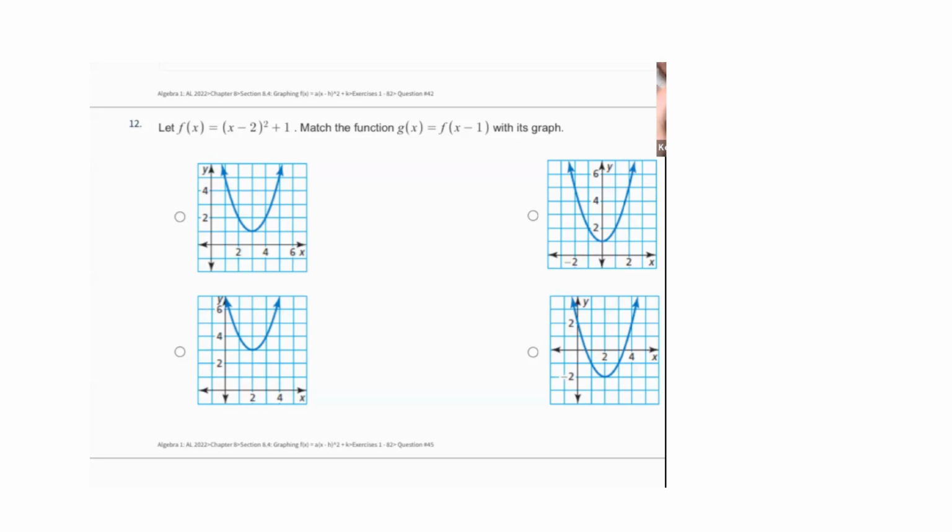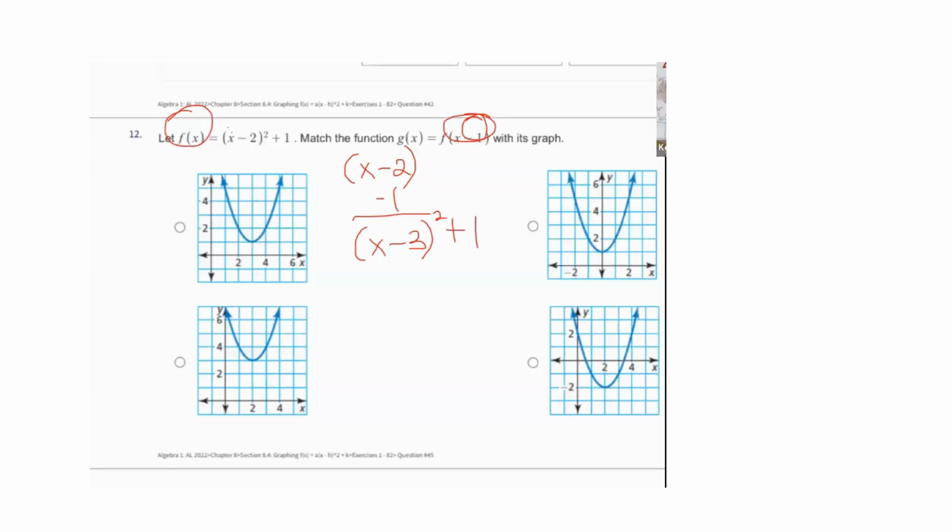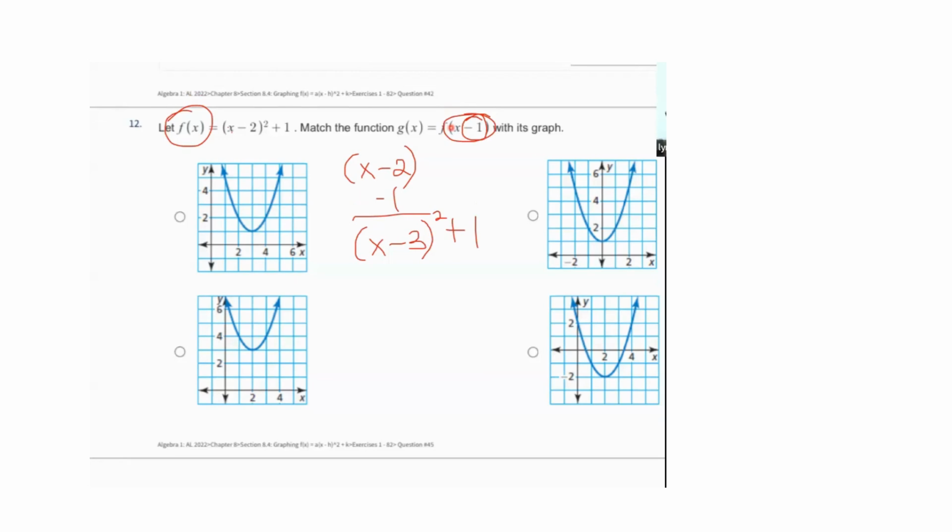So what we have to do is take f of x, and since it's x minus 1, we're going to go another minus 1 in there. So we've got our x minus 2, and if we subtract 1 from that, negative 2 plus negative 1 gives us negative 3.